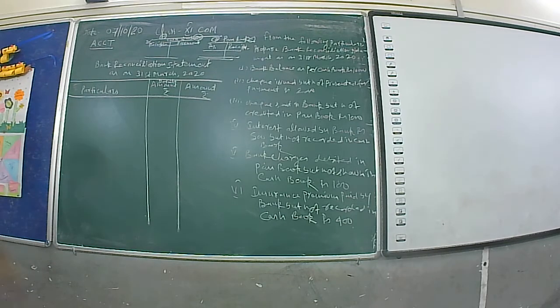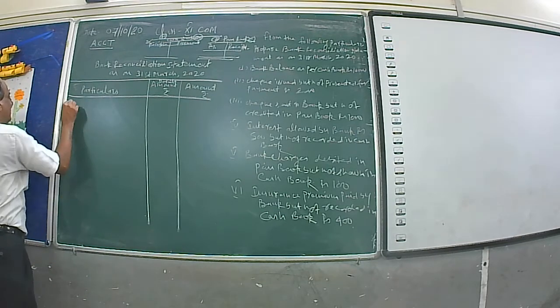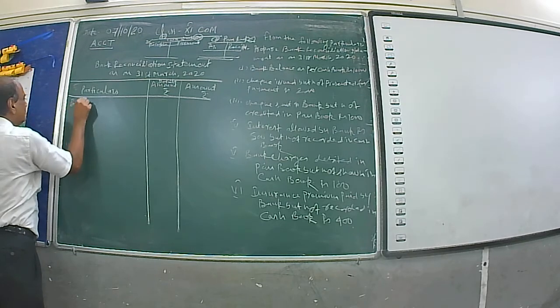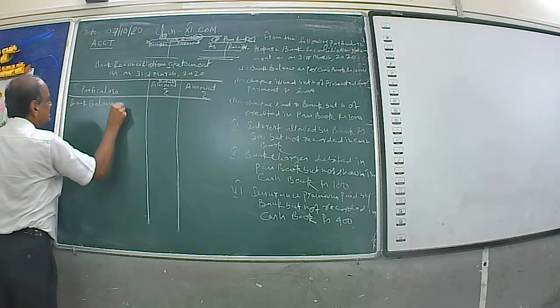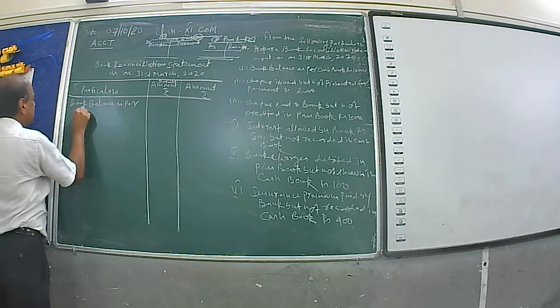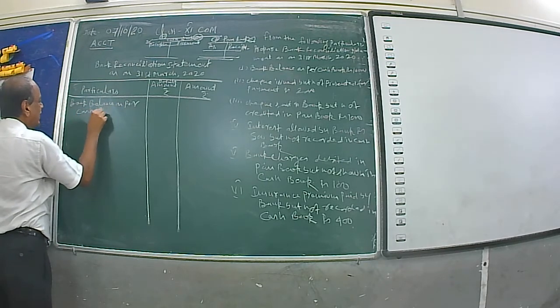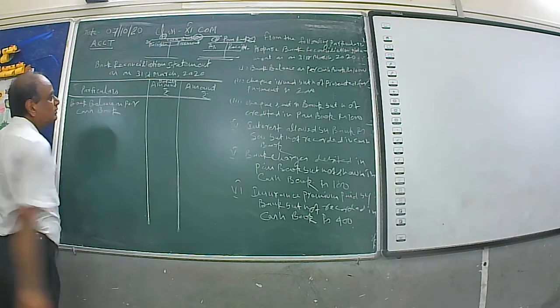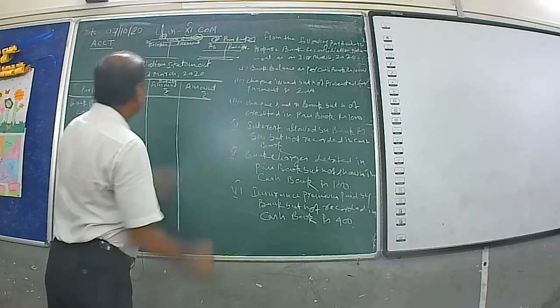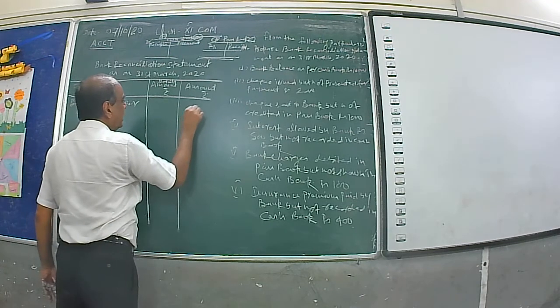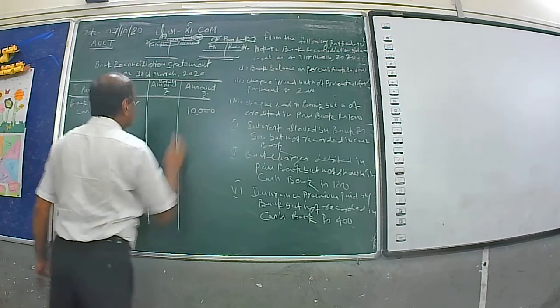You see one by one. So first of all, you write down the balance which is given. So bank balance as per cash book. It will be shown in outer column, the amount of bank balance as per cash book, rupees 10,000.